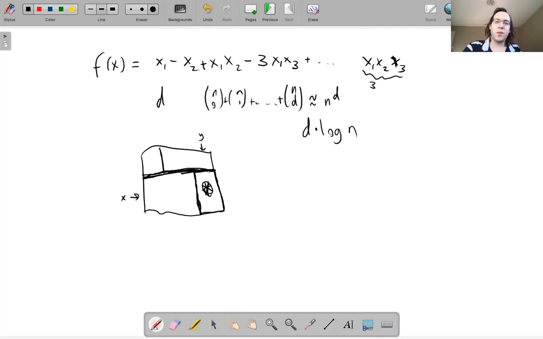So, if we want to say, I want to represent my function using few monomials as a sum of only, say, n to the d monomials, that's a little bit similar to saying that I want to represent my function as a linear combination of few rectangles. But now we're really talking about a similar concept to rank, because rank is just asking to represent your matrix as a linear combination of few rank 1 matrices.